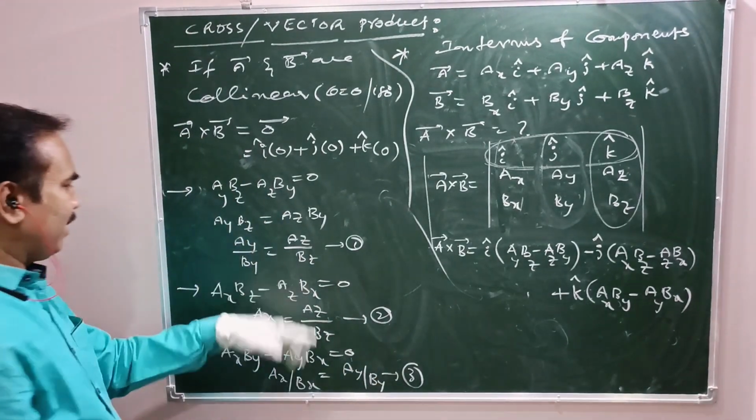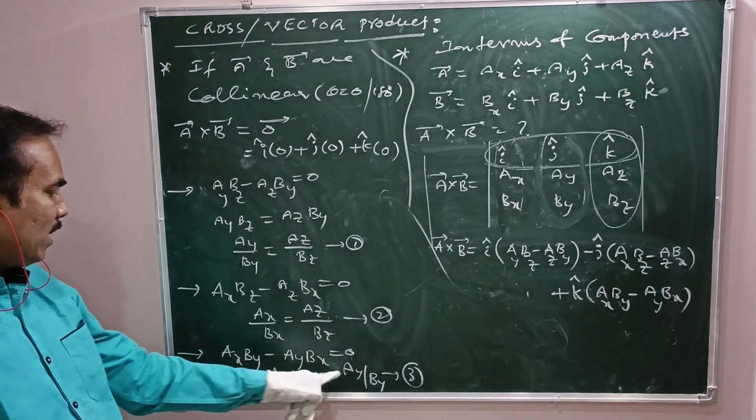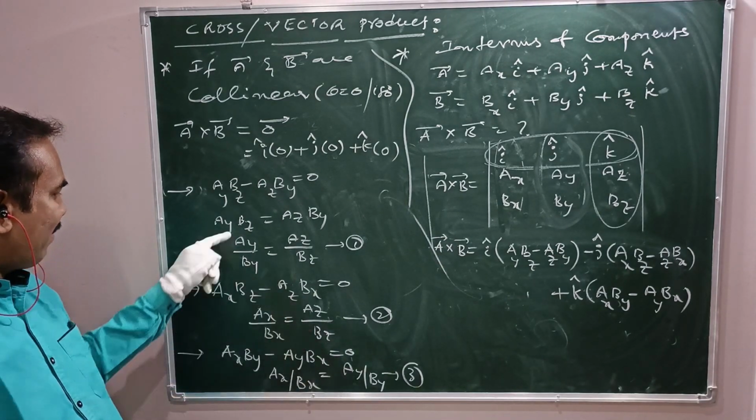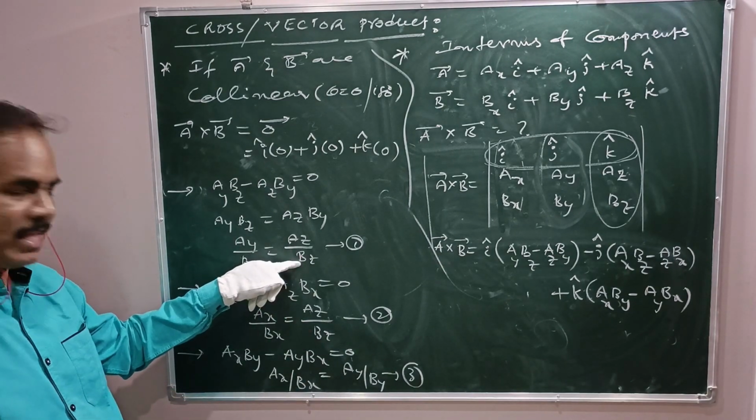So I am clubbing 3. See, ax by bx equals ay by by. Again, ay by by equals az by bz. So therefore, what is the reference?